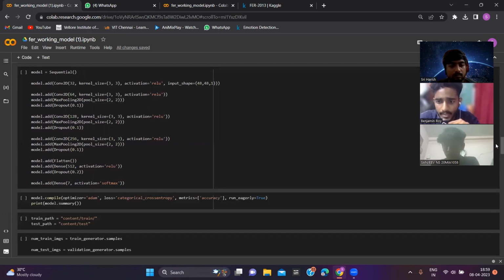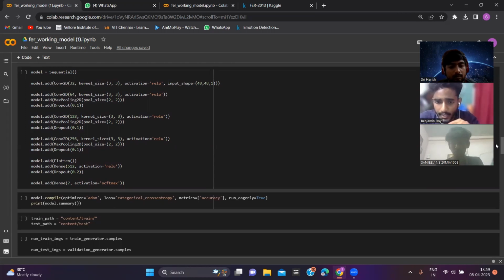The fourth and fifth convolution layers have 256 filters, with a max pooling layer of 2 by 2 and a dropout layer with a rate of 0.1. The output of the convolution layers is flattened and passed through a fully connected layer with 512 units and a ReLU activation function, followed by a dropout layer with a rate of 0.2.